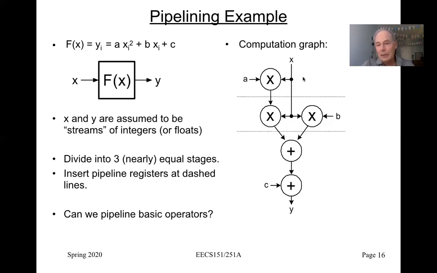And in a couple of weeks when we talk about circuits for multiplication, we'll talk about how we can conveniently pipeline multipliers. Adders, we can pipeline too, and I'll show you on the next slide how we do that. We typically don't do it, but I'm going to show you because it's another example of how to pipeline a circuit.